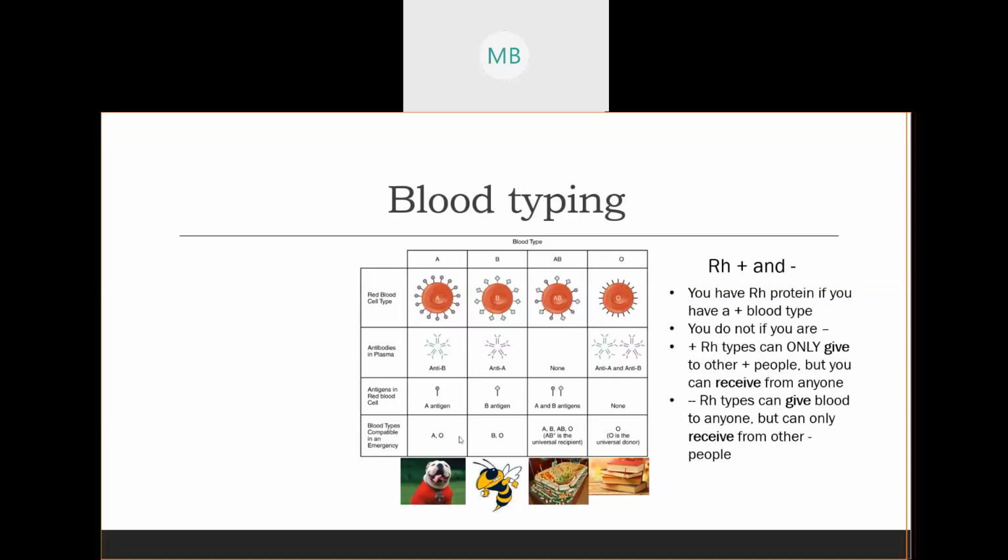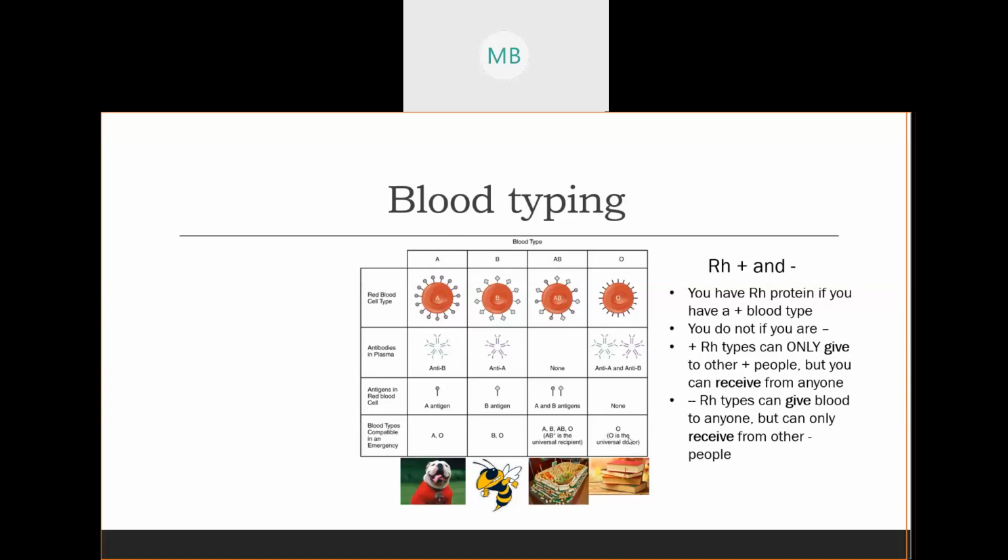I can't accept a donation from any of these guys, but another O person, be them positive or negative, I can take from. Your universal donor, the one blood type that can give to anybody, positive or negative and anything else, is O negative blood type. Because O negative can give to AB, A and B, and because they're negative, they can give to positive or negatives.